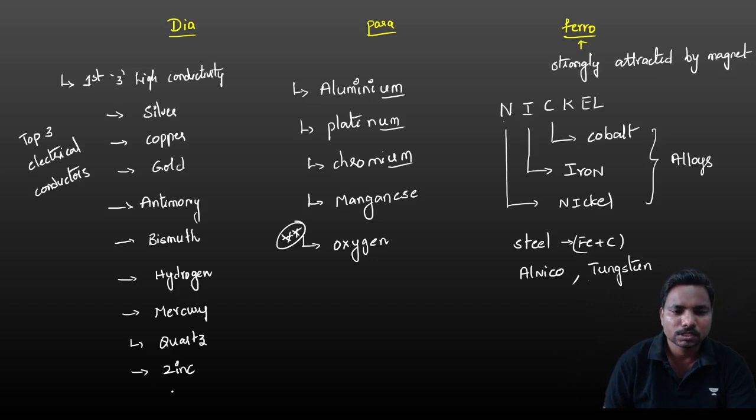So these are the very important diamagnetic examples: antimony, bismuth, hydrogen, mercury, quartz, zinc. These are the very important examples of diamagnetic, paramagnetic, and ferromagnetic materials.